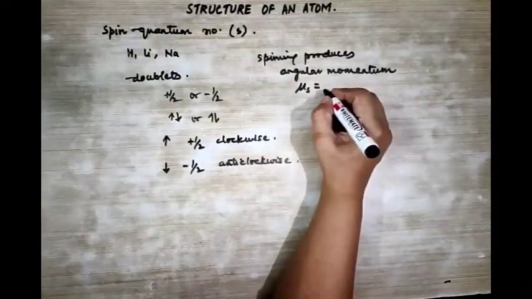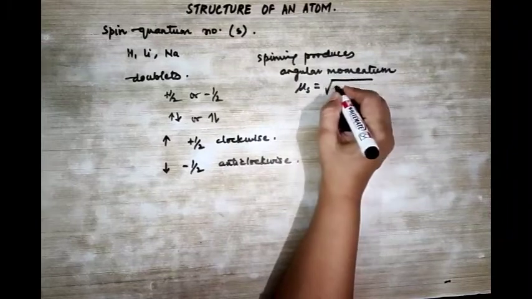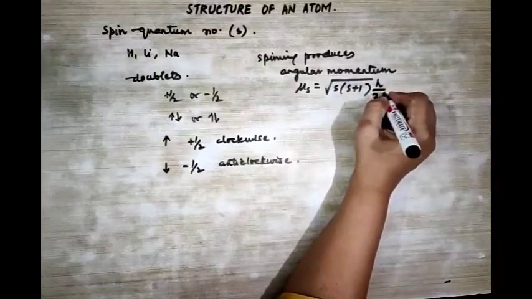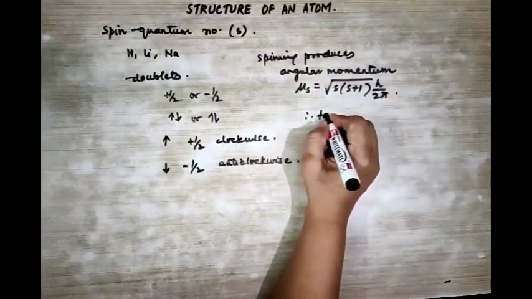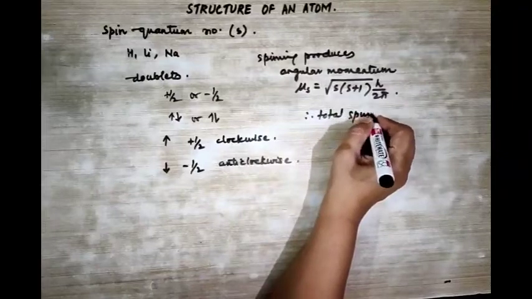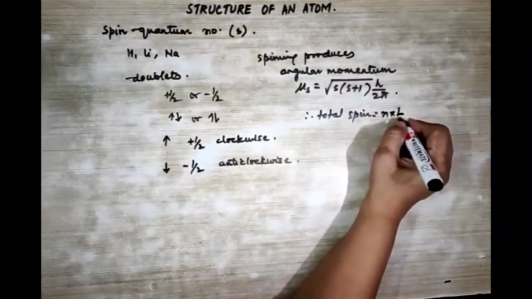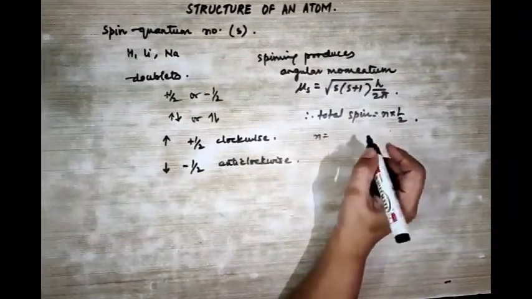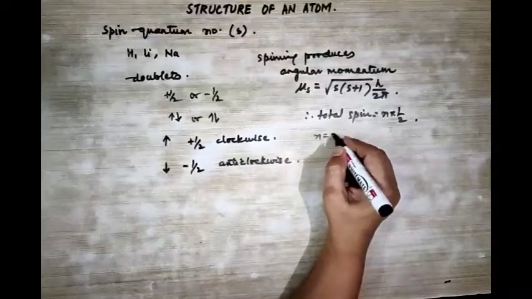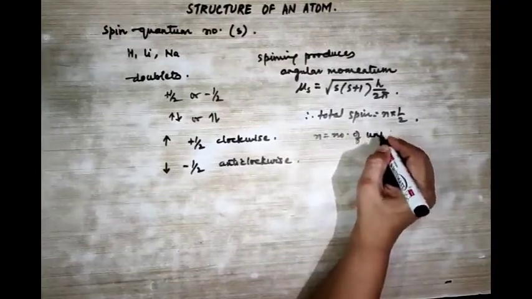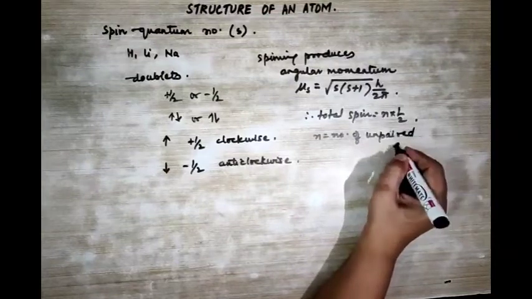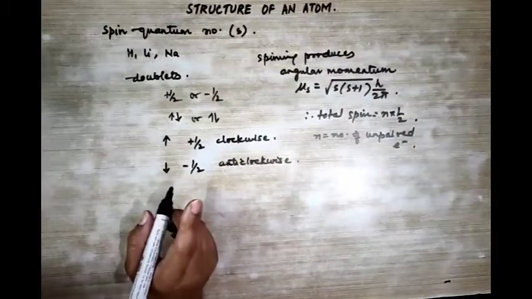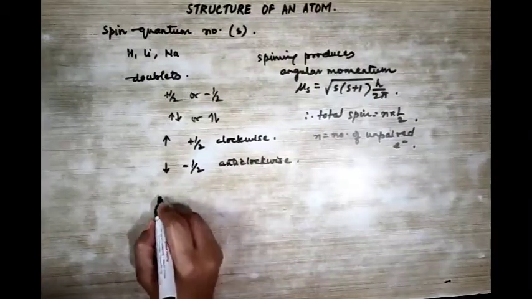Okay, and this is equal to under root s plus 1 into h upon 2 pi, and therefore the total spin is always equal to n into half. Okay, over here what does n mean? n means the number of unpaired electrons.